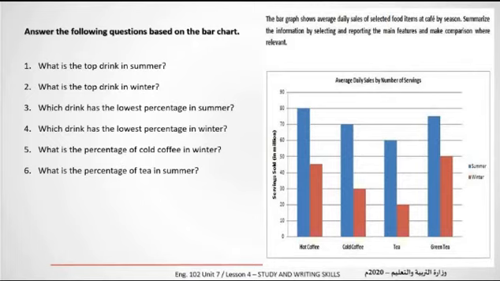We have Samir Khan. He says number 1 is hot coffee, green tea, 3 is tea, 4 is tea, and 5 is 30%, and 6 is 60%. Ahmed Shireen says hot coffee, green tea, 30%, 60%. Thank you, Ahmed.